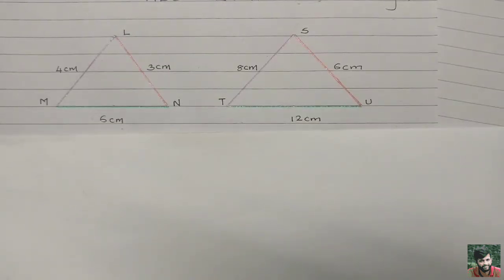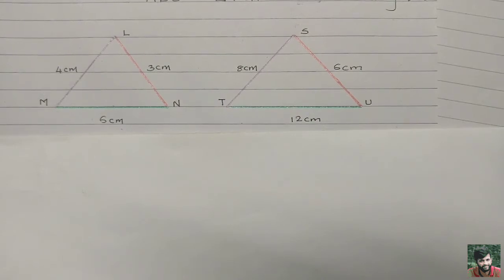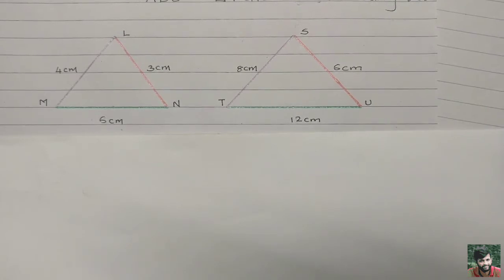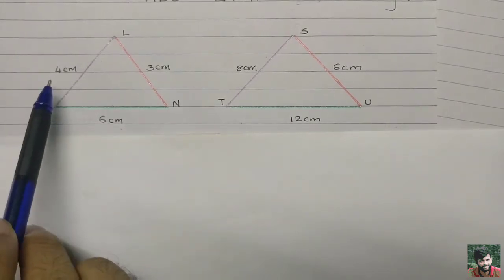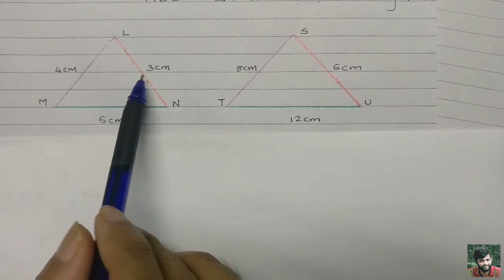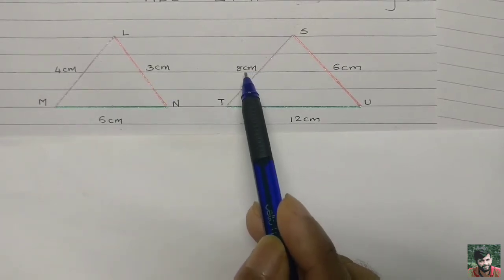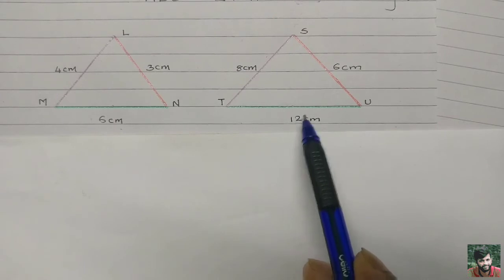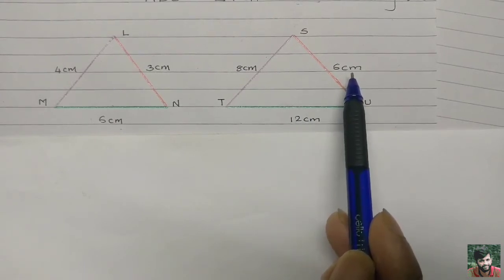Okay, let us look at the second criteria. Here I have two triangles, LMN and STU. In this case, the measurements of the sides are given, not the angles. So over here I have 4 centimeter, 6 centimeter and 3 centimeter, and here it is 8 centimeter, 12 centimeter and 6 centimeters.